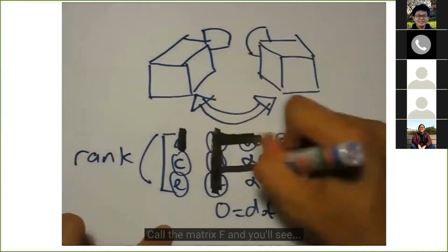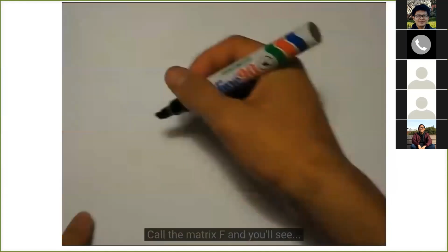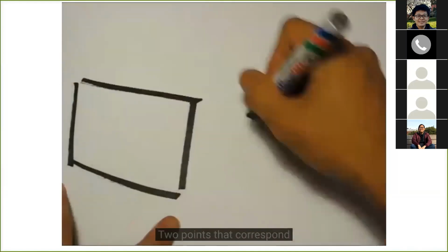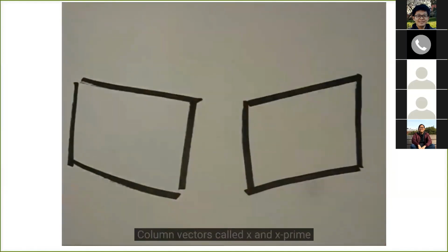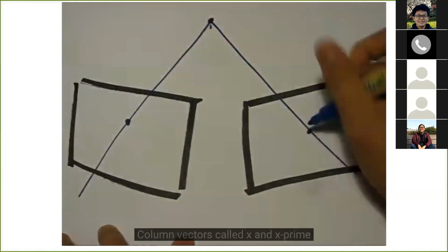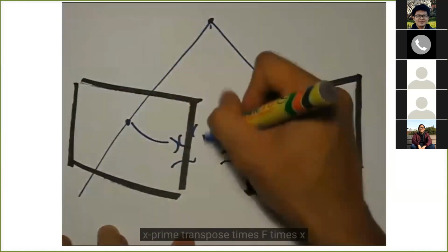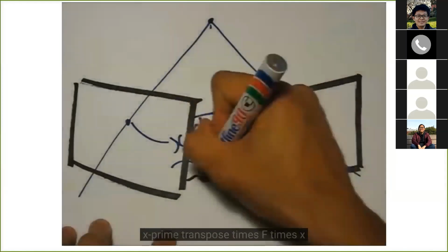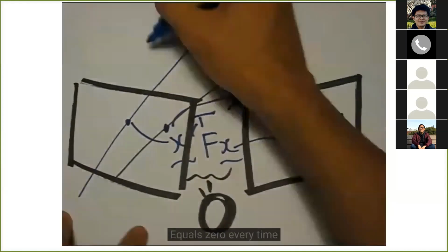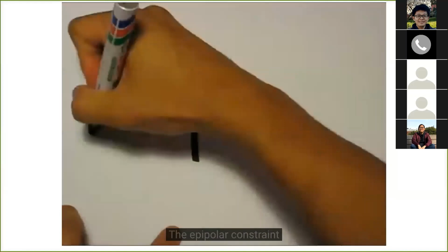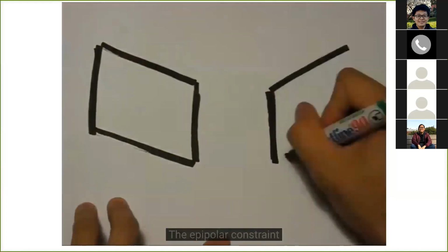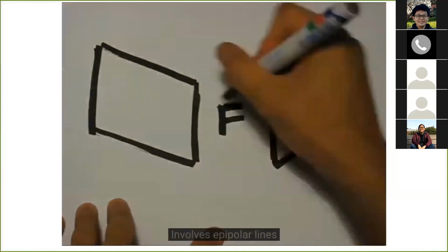Call a matrix F and you'll see 2 points that correspond. Column vectors called x and x prime. X prime transpose times F times x equals 0 every time. Epipolar constraint involves epipolar lines.